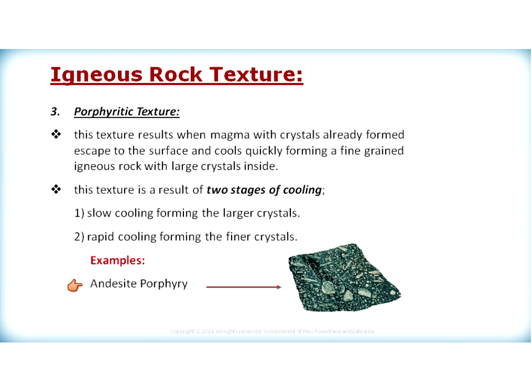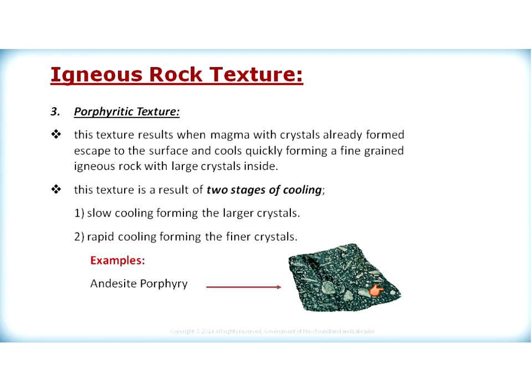But the porphyry texture, as outlined in this diagram or in this rock sample to the right, will show larger crystals which form by slow cooling of magma beneath the surface, and then suddenly the magma erupted and moved to the Earth's surface, where it cooled quickly and formed fine-grained rock which surrounds all of the phenocrysts, or the larger crystals.